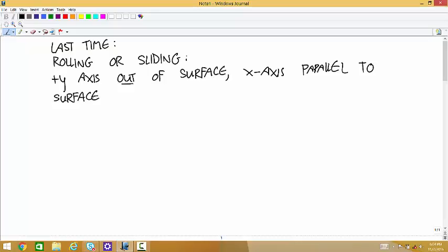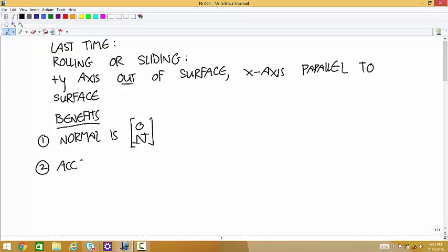And the benefits are that the normal force is just 0, N, and that's always what it is. The acceleration, we're always just going to write that as a, 0.